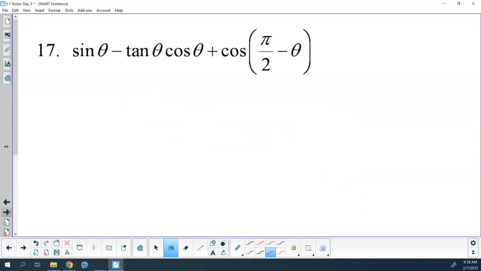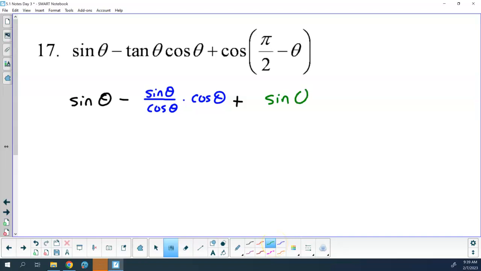You try this one. Sine of theta, nothing can happen there. Tangent becomes sine over cosine.